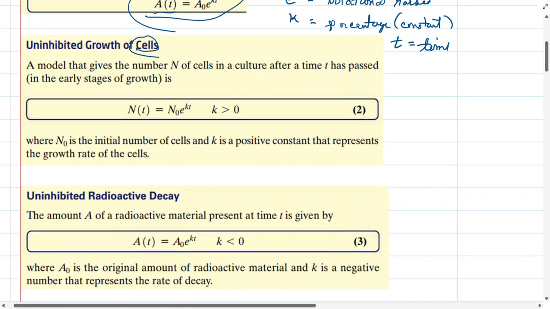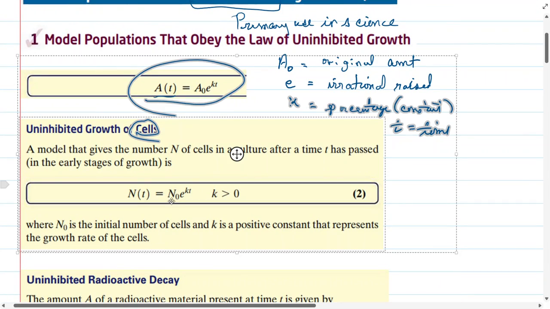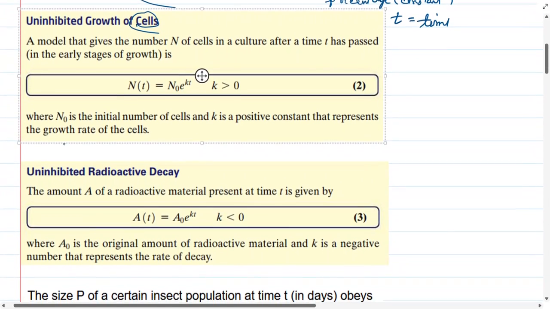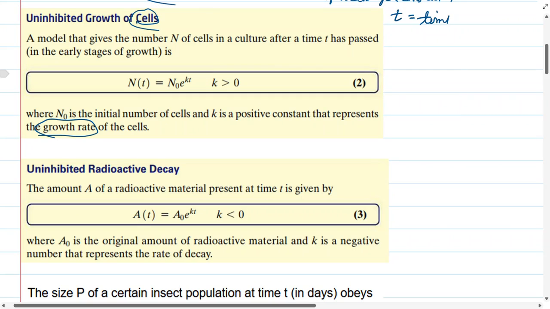But it's the same: the initial amount times e to the kt, and k is the growth rate of the cells. It is always what? Positive. Always positive.